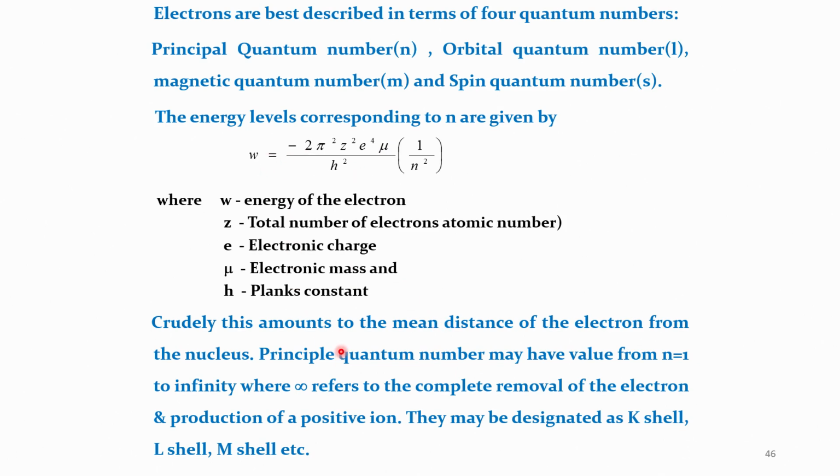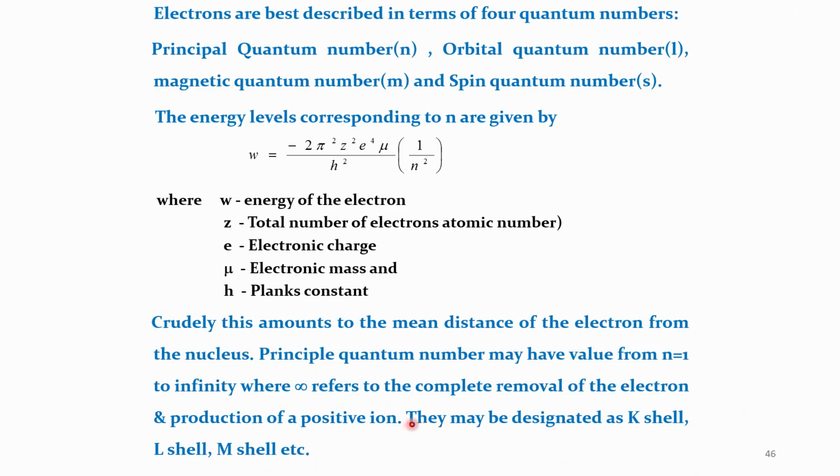W represents the mean distance of the electron from the nucleus. The principal quantum number may have values from n equal to 1 to infinity, where infinity refers to the complete removal of the electron from the system. Suppose you have one nucleus and one electron, take it to higher energy levels, and then when it is completely removed, n becomes infinity. That results in the production of an ion, because the electron is completely gone. So, the electrons may be designated as being in K shell, L shell, M shell, etc.